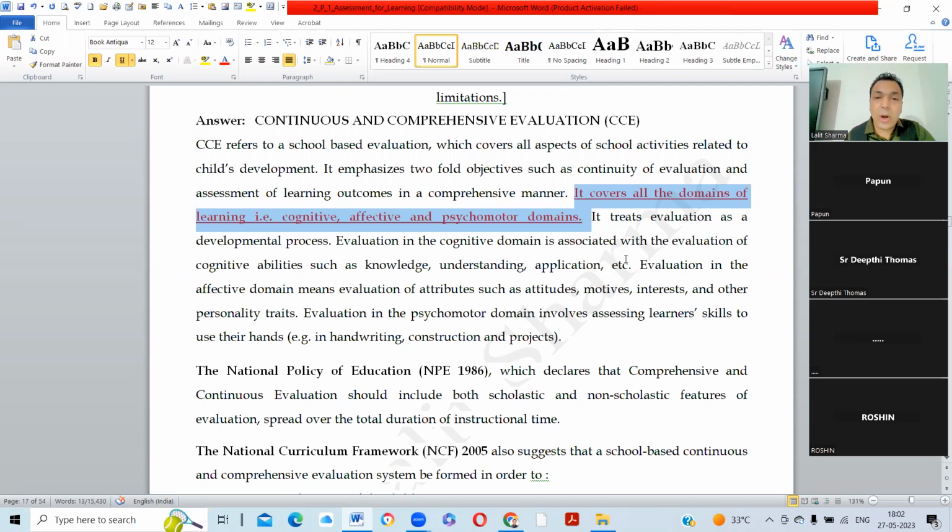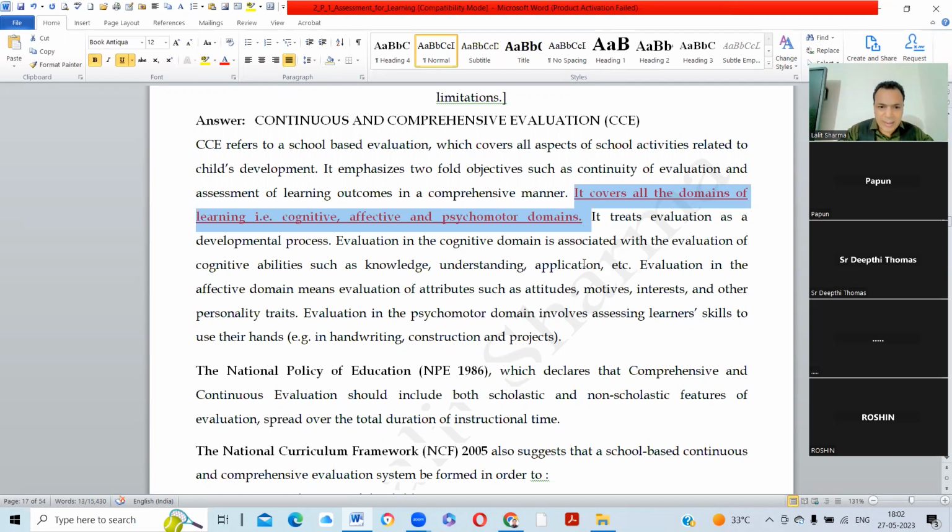So CCE, continuous and comprehensive evaluation, works on all the domains of learning. Look, if you have the knowledge of assessment, evaluation, continuous and comprehensive evaluation, guys, you can increase the learning power of the students in all the three domains. Basically there are only three domains, which psychology also says: cognitive domain, affective domain, psychomotor domain.